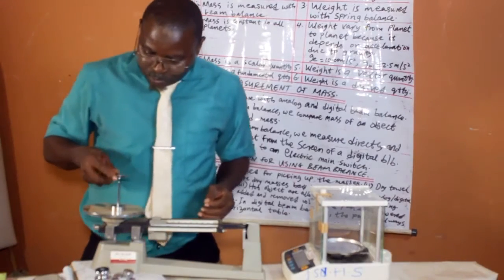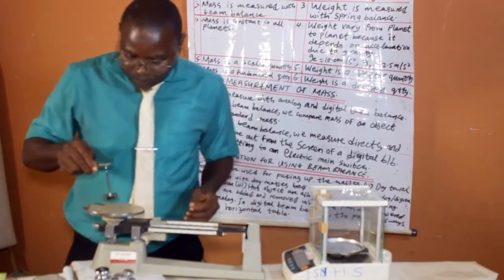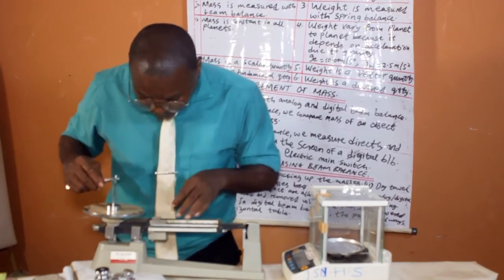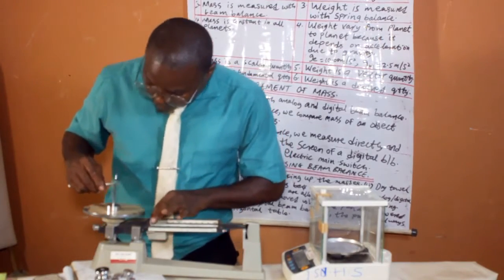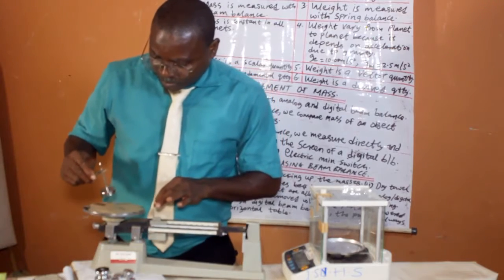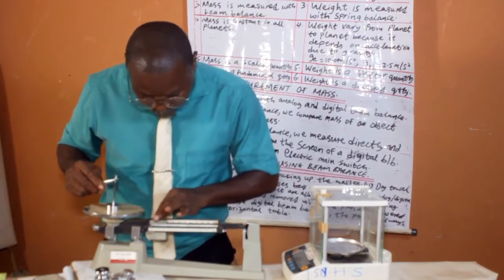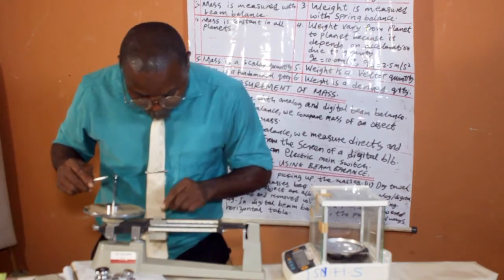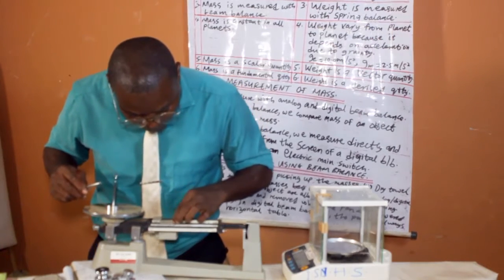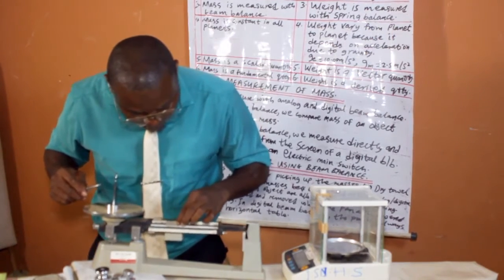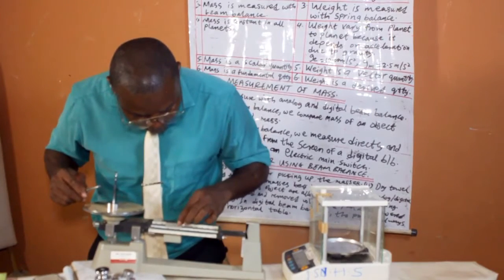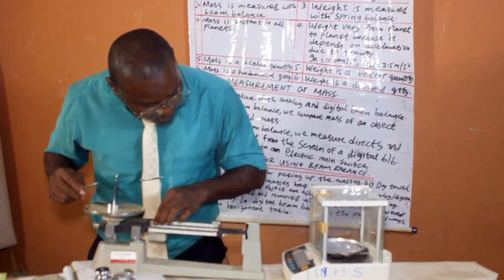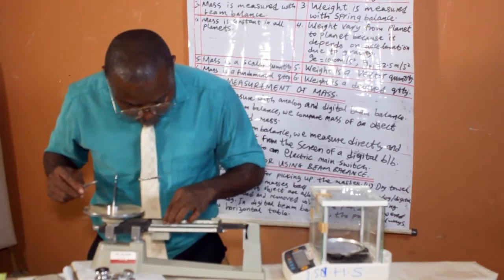So you use your forceps to place the mass on the pan of the beam balance. Then you continue. This one is 300 gram. This is 200. This is 100 gram. This is another 100.